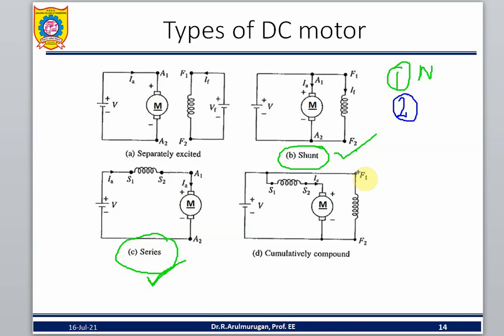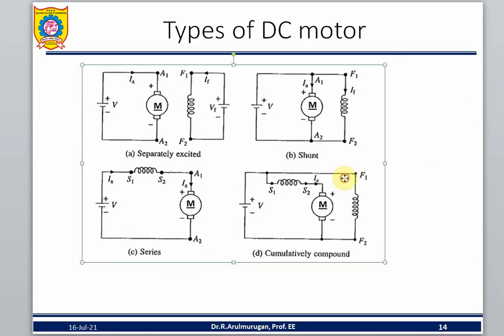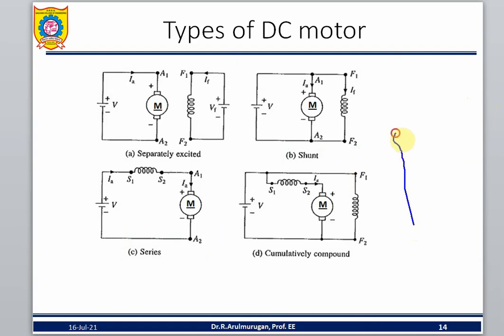Second point, let's discuss the torque. What about the torque? The series motor has a high starting torque. The shunt motor has a low or medium starting torque.